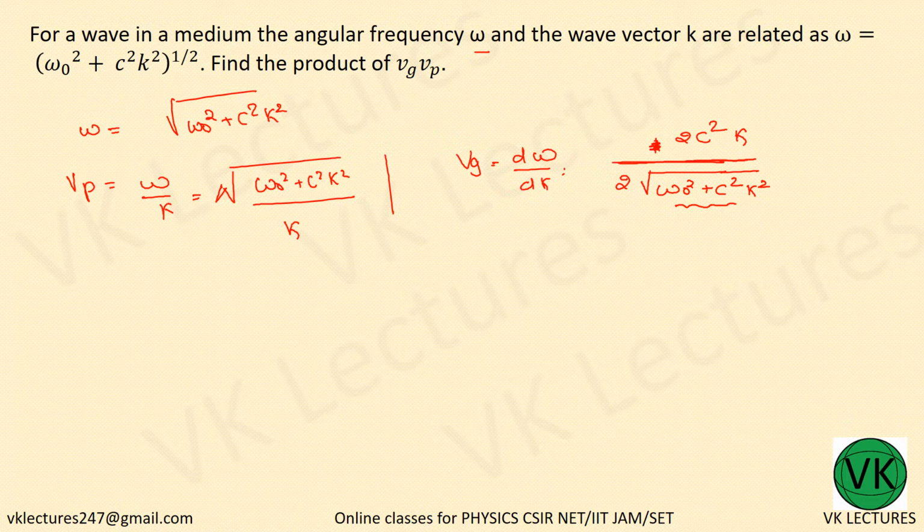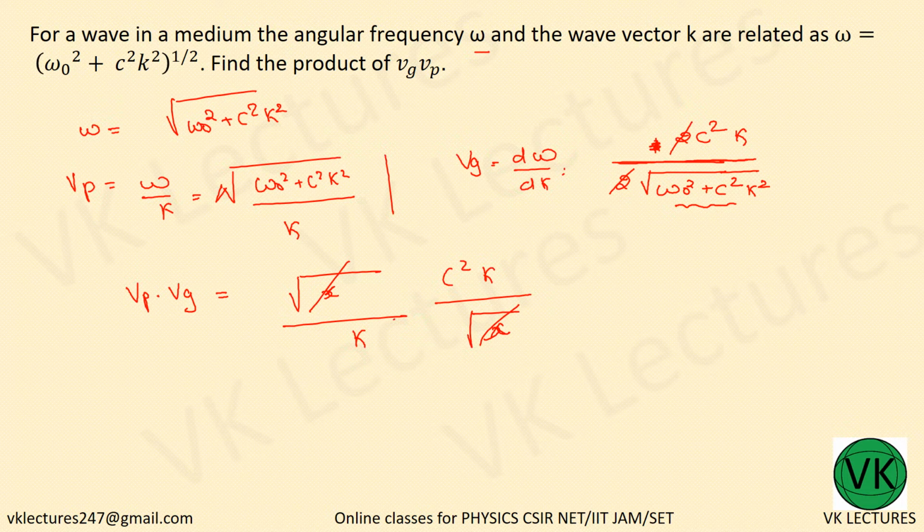Now we need to find out Vp into Vg. You can also cancel out these two k's. So root of some x divided by k into c square k divided by root of some x. So x gets cancelled, k gets cancelled, it gives you c square.